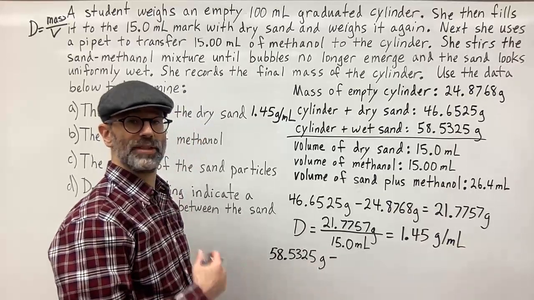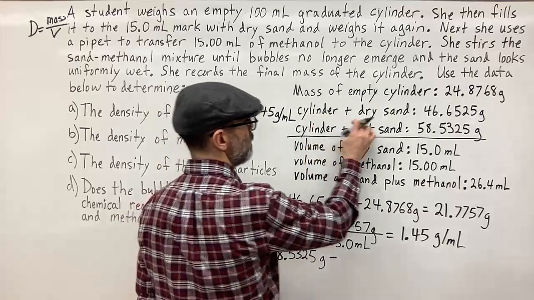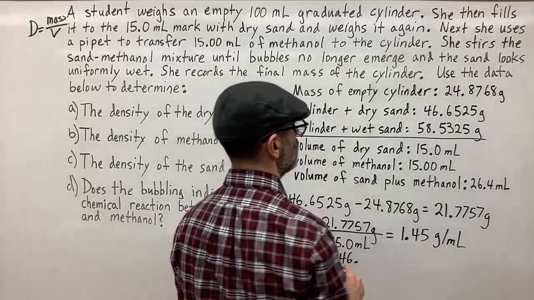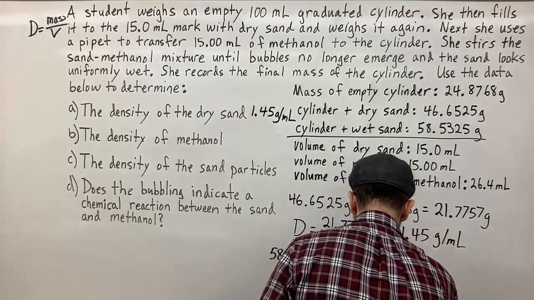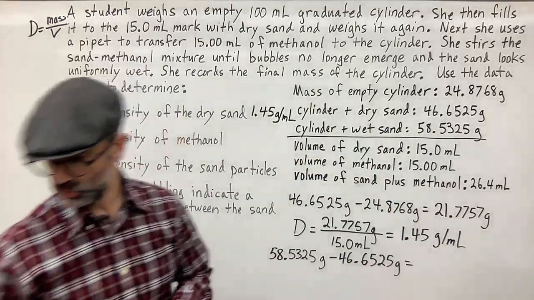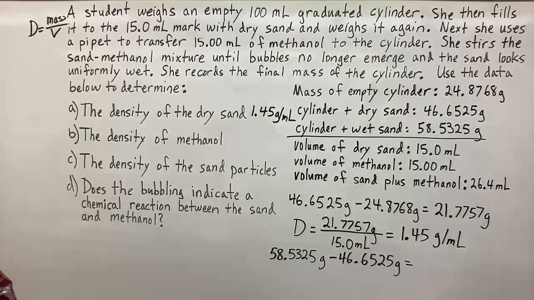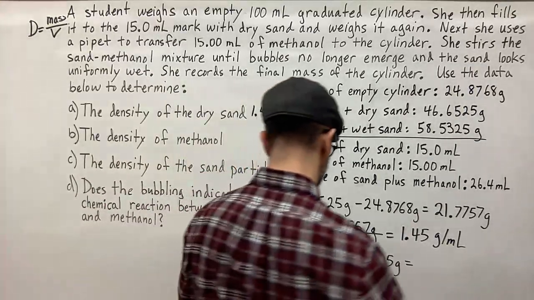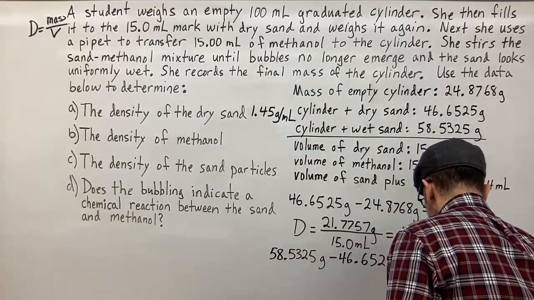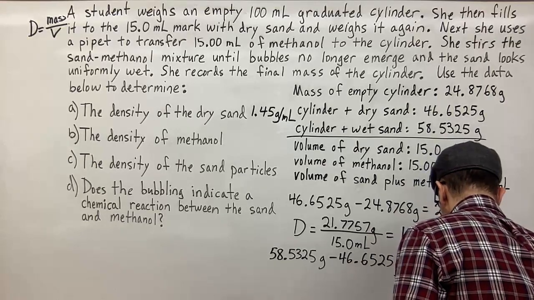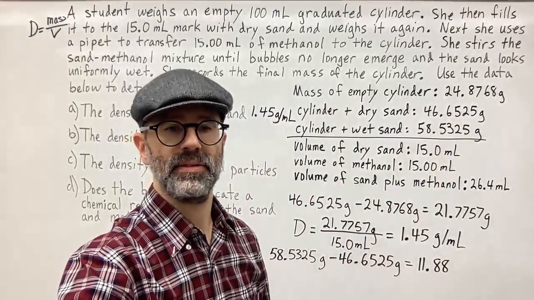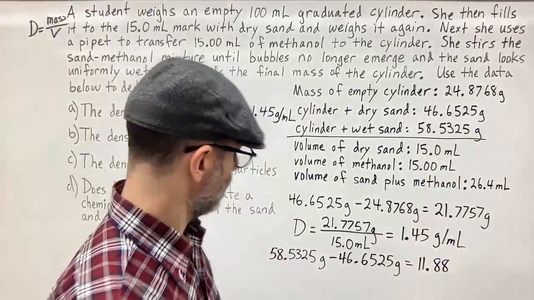But we want to subtract out the sand and the cylinder, so that's this mass here. So we're going to subtract out 46.6525 grams. And when we subtract those two, we get 11.88. Let me double check that. And that is indeed what it is.